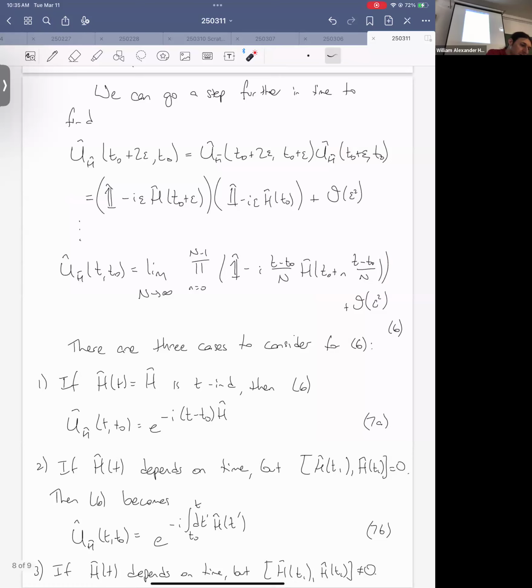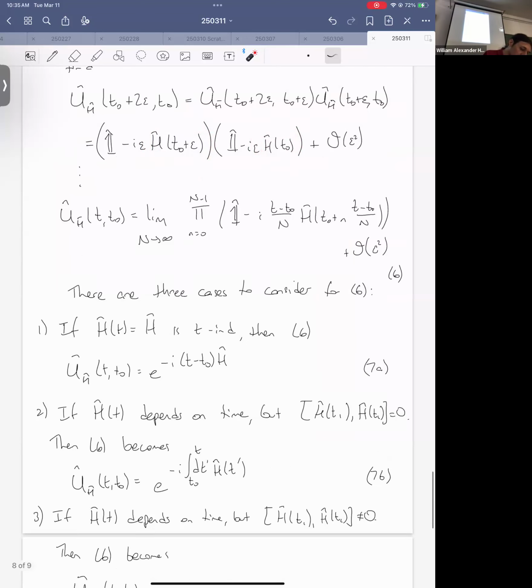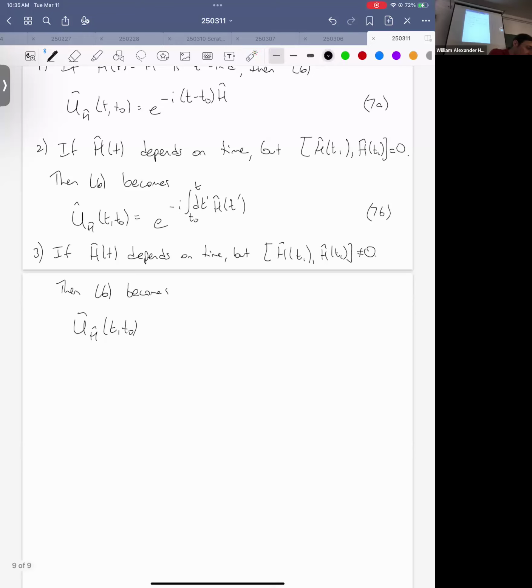When we went two infinitesimal steps, the Hamiltonian at the earlier time is to the right of the Hamiltonian evaluated at the later time. It's a time ordering. So what we introduce is what's known as the time ordering operator acting on the exponential.